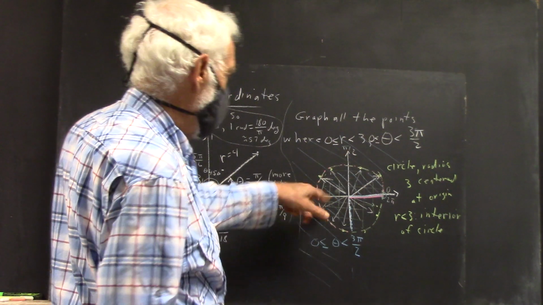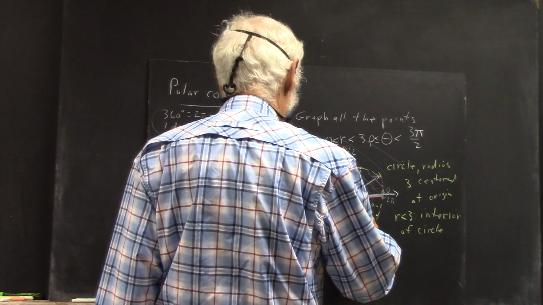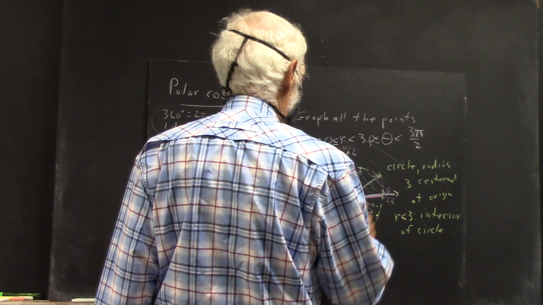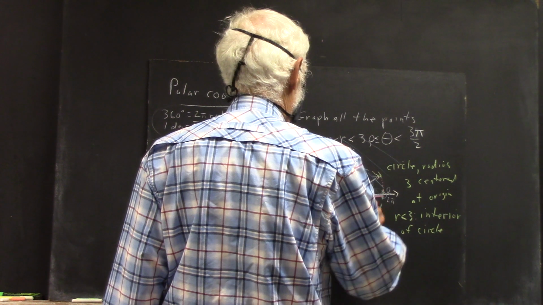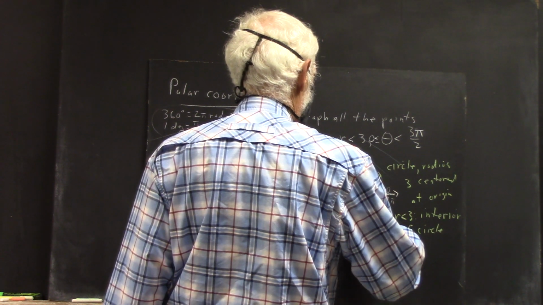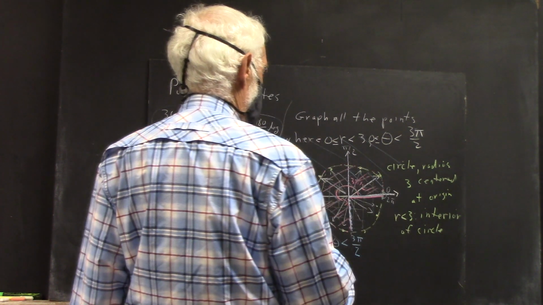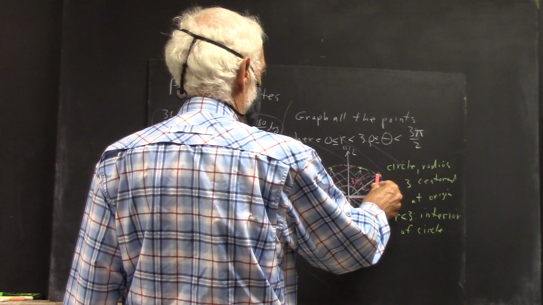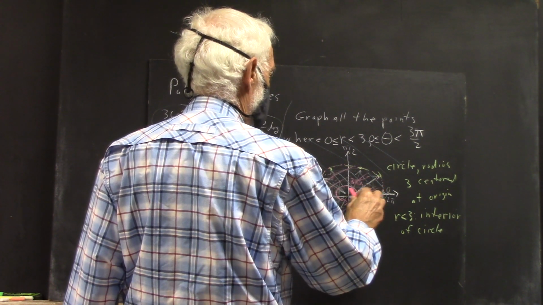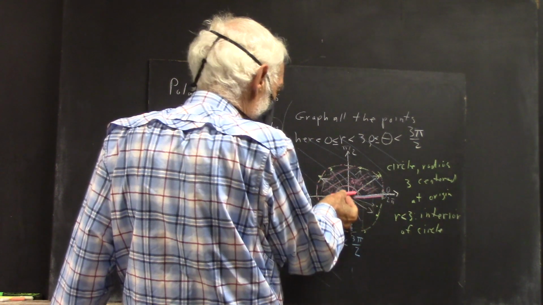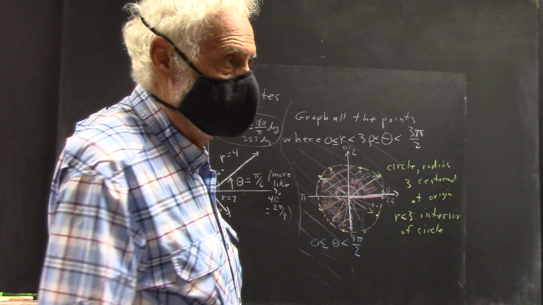Bounded by the dotted line outline of the circle and ending at the dotted line where theta equals 3 pi over 2, and that's our region. So we could actually color it in. Just smear it in here, and there's our region. Okay? Get the idea?